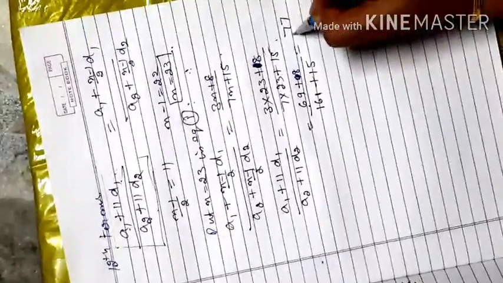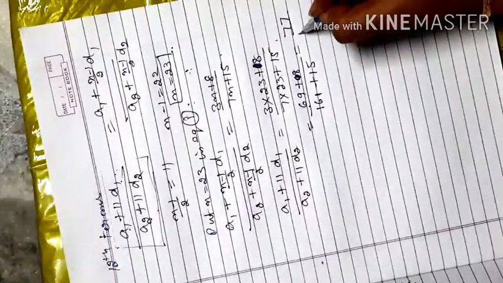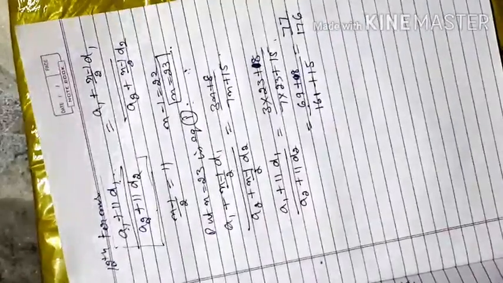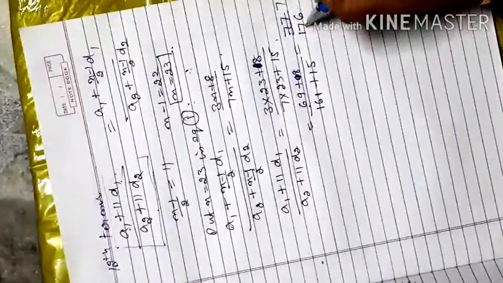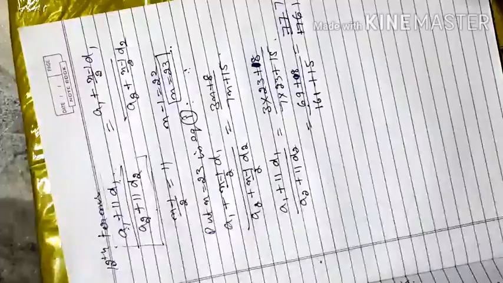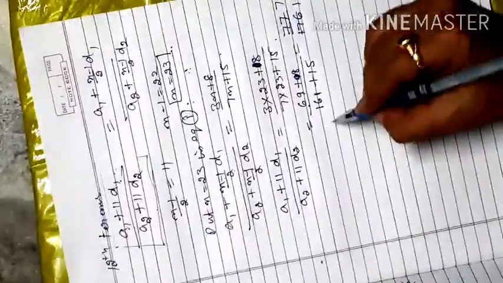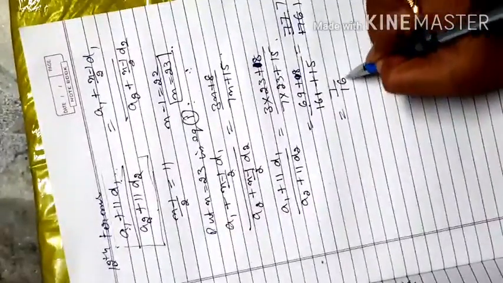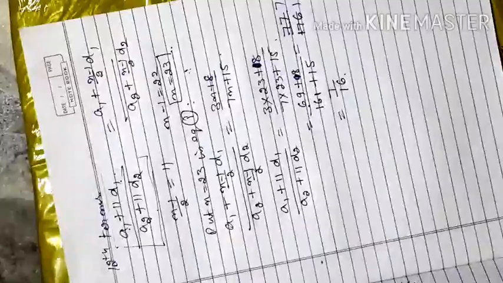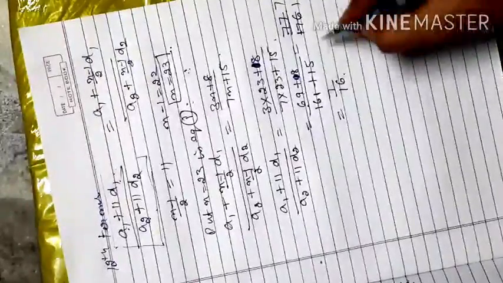That gives me 77 over 176. Both are divisible by 11 table. So 11 sevens are 77, 11 sixteens are 176, and my required value is 7 by 16 that I had to find. The ratio of their 12th terms is 7:16.